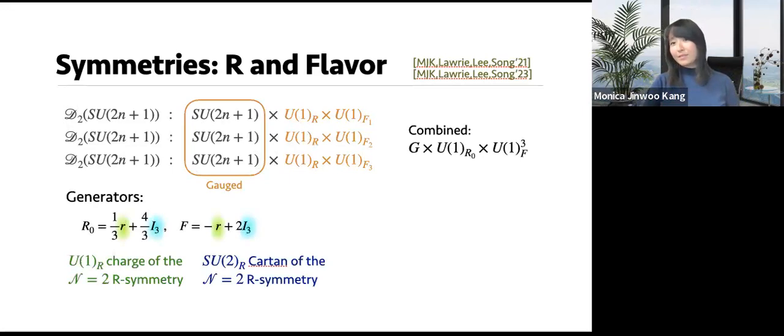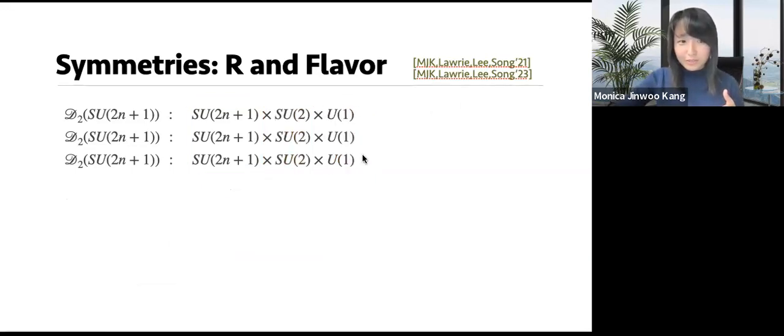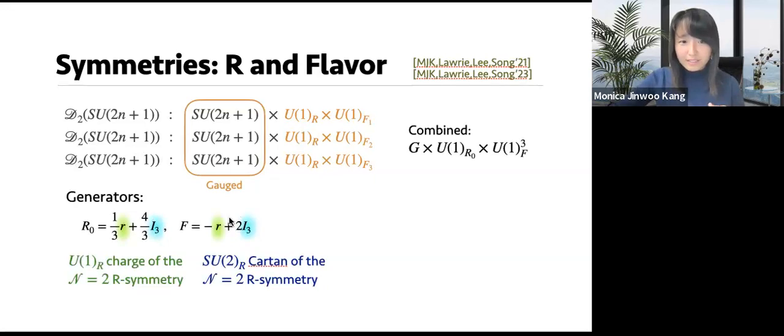Now combined, naively it will just give you this G, that's the SU(2n+1), and then you have the U(1)_R symmetry type, and then the flavor symmetry that looks like naively U(1) cubed. And this will be the generator that'll be mixing. So this small r is the part that's the U(1)_r charge of the N=2 R symmetry. So it was originally this one. And this I_3 is the SU(2)_R Cartan part of the N=2 R symmetry. So it is the other type of the R symmetry that we had here.